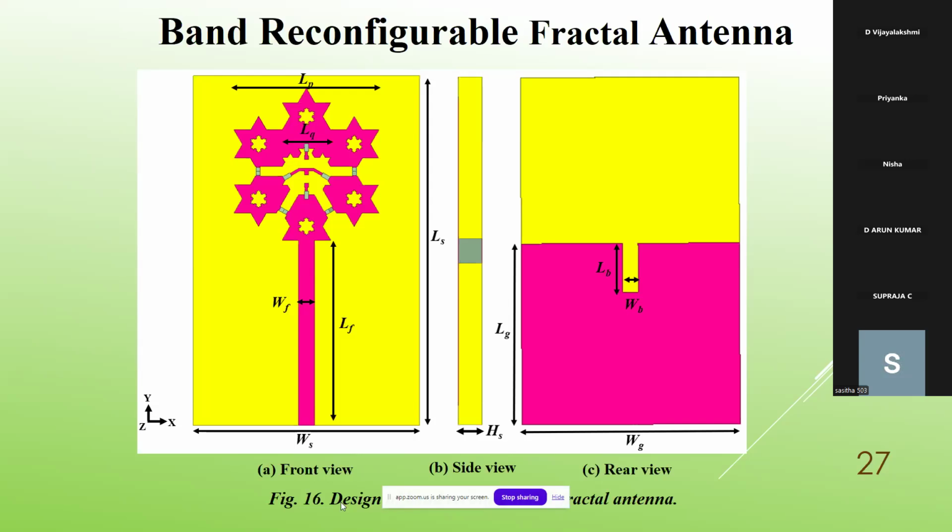The bigger ones are the Koch snowflake, and the inner star-shaped smaller ones are the Sierpinski carpet. The total step-by-step design I will tell in a further slide.